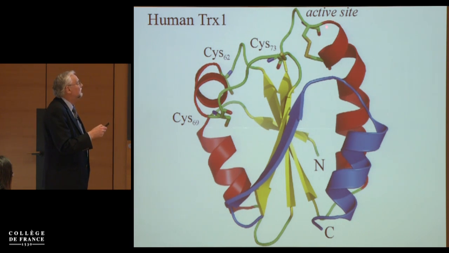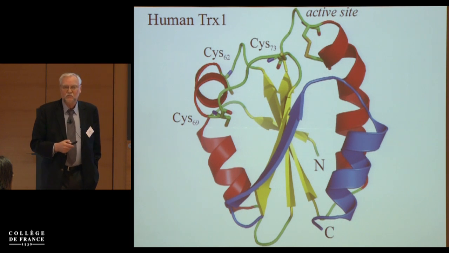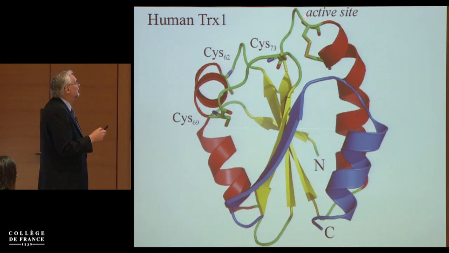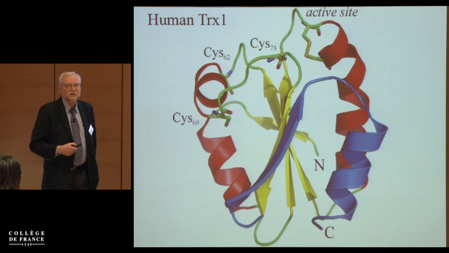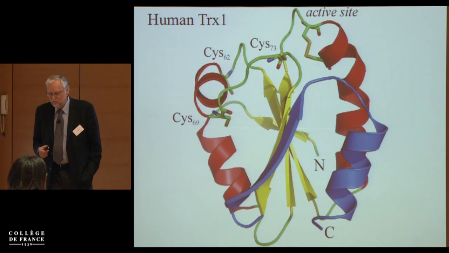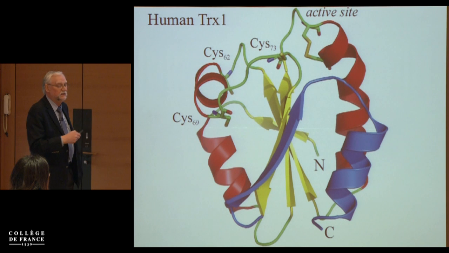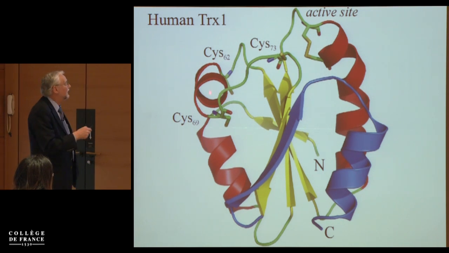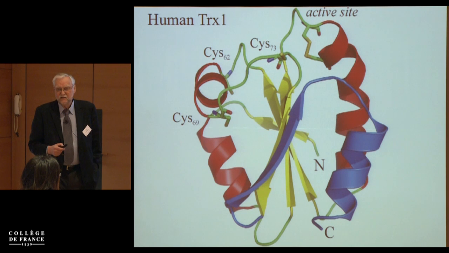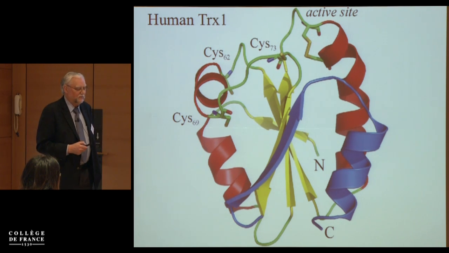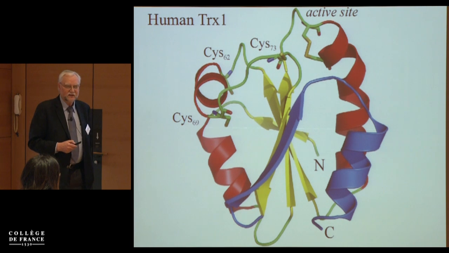The active site of thioredoxin exists in all living cells, from bacteria to man. Here, active site, cysteine, glycine, proline, cysteine. There are two cysteines in this molecule here, in the human enzyme. If those are oxidized to disulfide, you lose this helix, the protein aggregates, it's secreted, I believe, goes out from the cell, and it lacks activity.